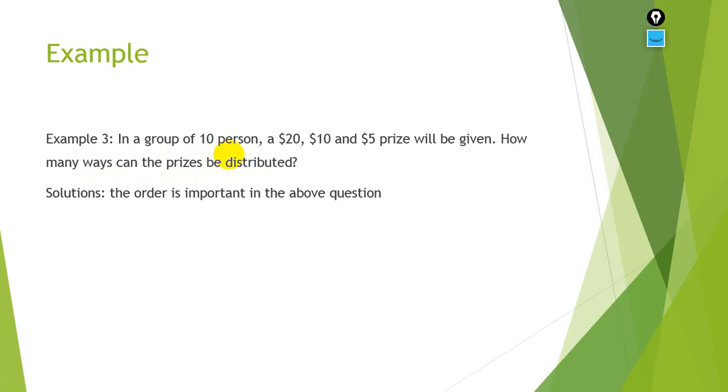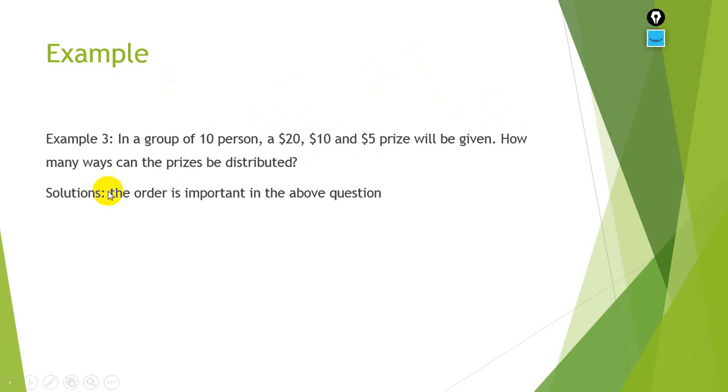So we want to give a prize of $20, a prize of $10 and a prize of $5 to 3 persons out of 10. What will be the number of sample points?